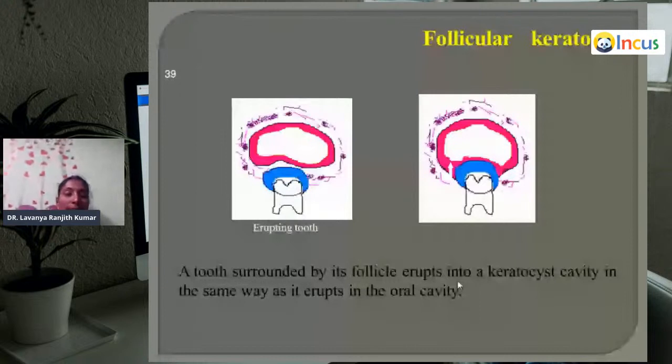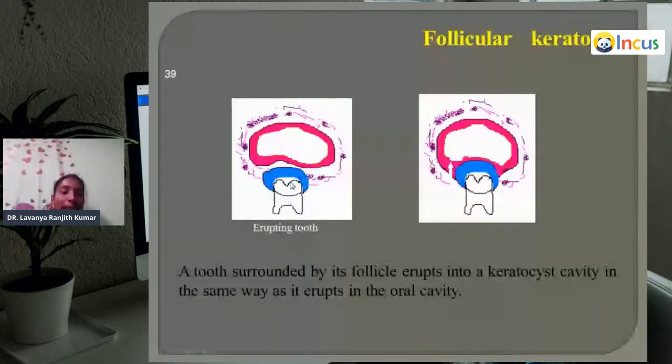Imagine this is a mandibular bone, and this is a third molar in the ramus area, which is erupting through the bone and is surrounded by some follicle. Once it erupts and opens in the ramus, we have an enlarged or multilocular radiolucency, which we call keratocyst.